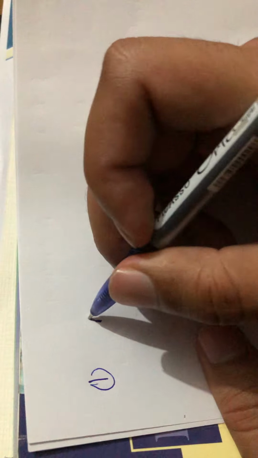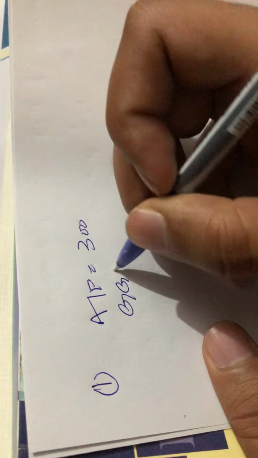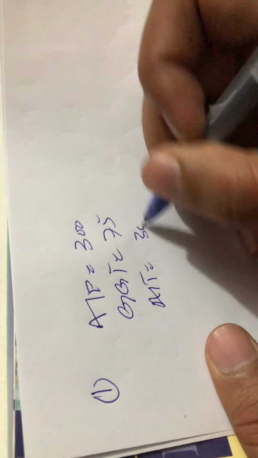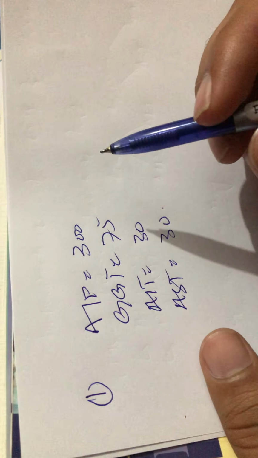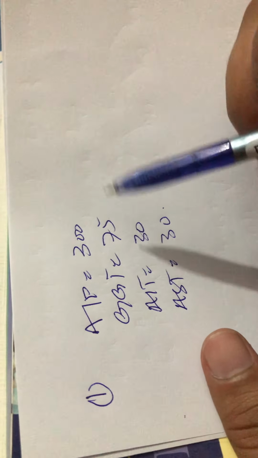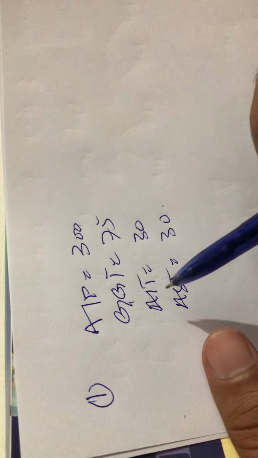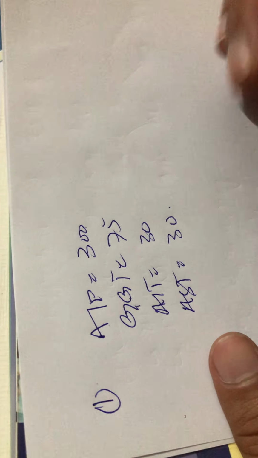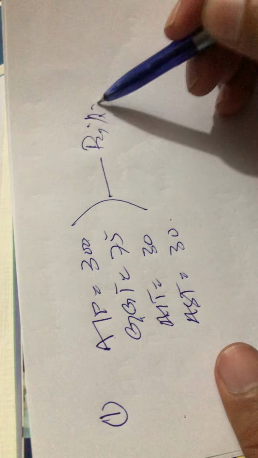For example, ALP is 300, GGT is 75, ALT is 30, and AST is 30. So the two enzymes which are raised here are ALP and GGT. ALT and AST are normal, which means there is no pathology in the liver parenchyma. The problem is there in the biliary tree.